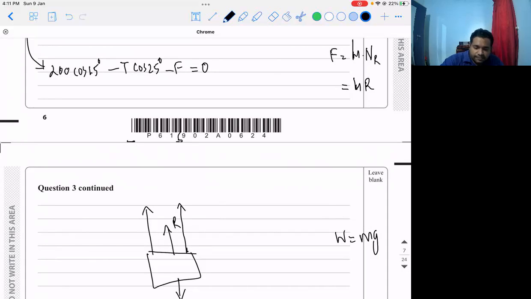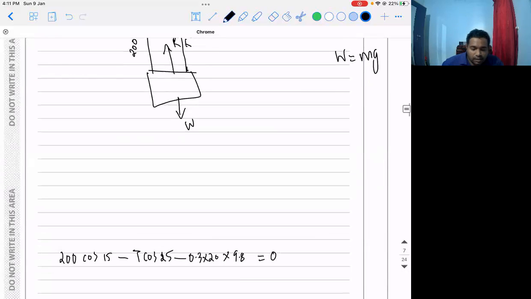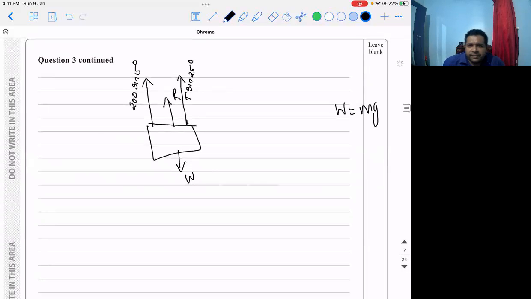This is what, my dear students? This is 200 sine 15 degree. This is T sine 25 degree. Well, so we can write the equilibrium equation in the horizontal and vertical direction. So here you can see the weight is being balanced.